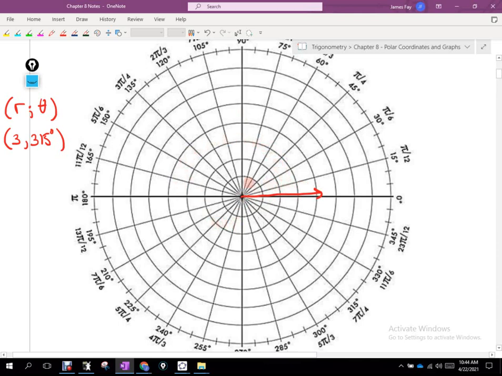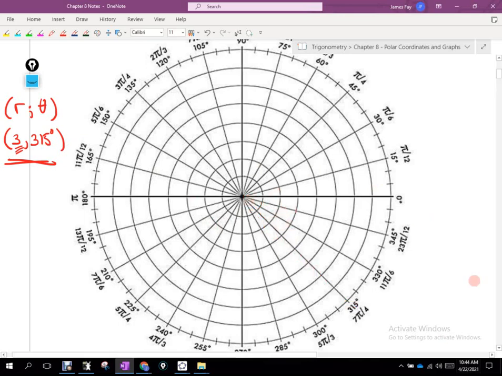If I rotate counterclockwise to 315 degrees, I'm going to get right there. Does that make sense? So this point is somewhere on that ray. It's now the intersection of the third circle and that ray. So I'm going to go find the third circle: 1, 2, 3.